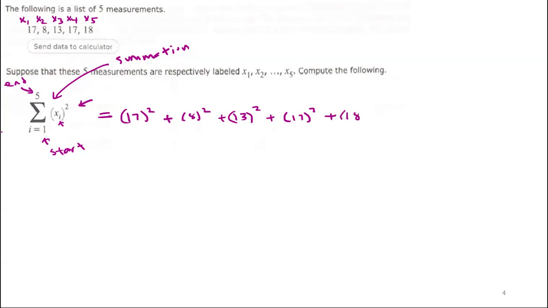And take the last number and square that. All right, so once we square each number and then add them up, we should get a total of 1135.